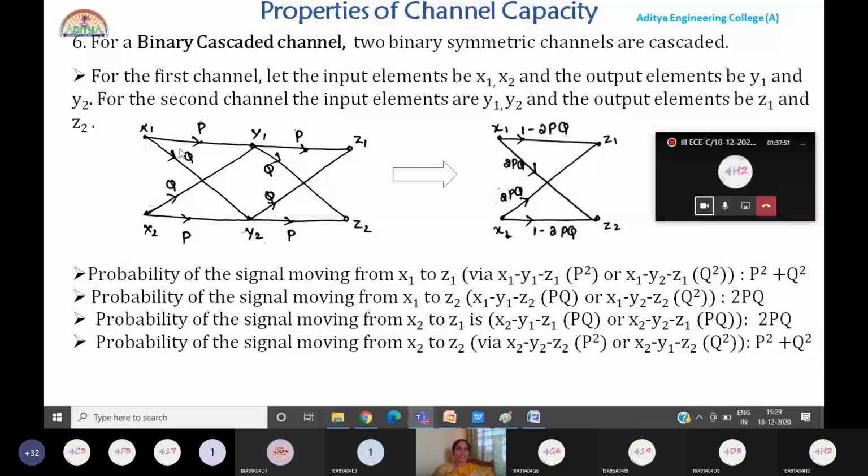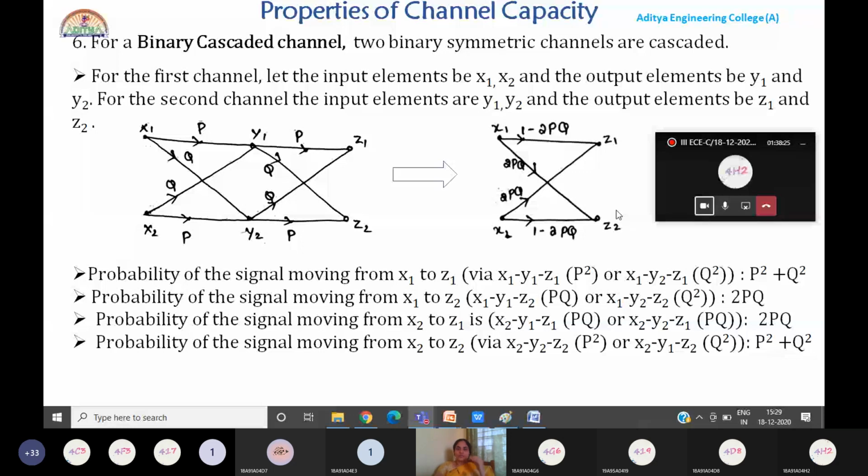One is the first channel having inputs x1, x2 and outputs y1, y2, and it is cascaded with the second channel whose inputs are y1, y2 and outputs are z1, z2. The output of the first channel is fed to the input of the second channel.